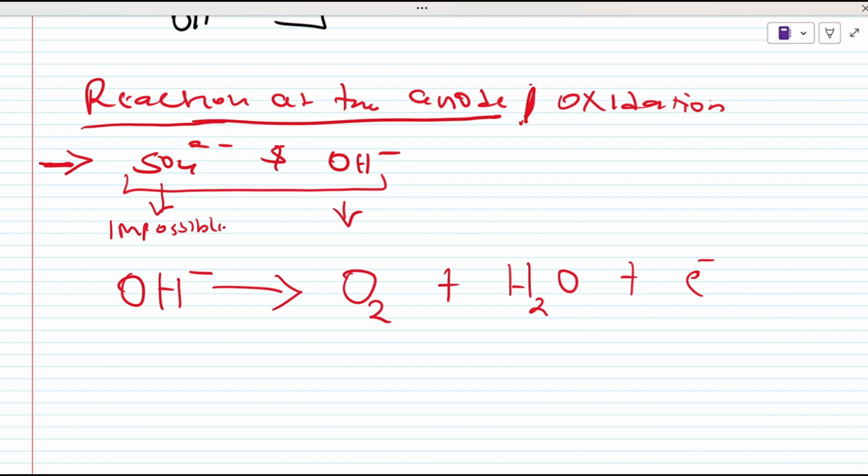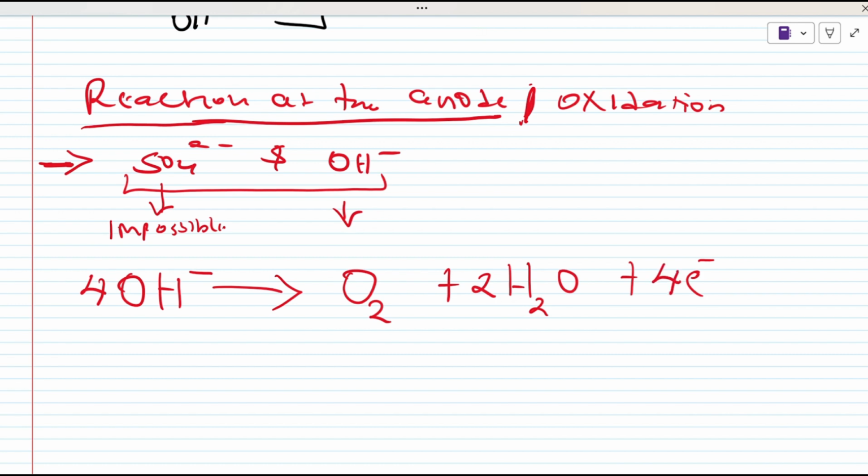I need to balance this. So when I want to balance this, I'll simply put a 4 here. I'm going to put nothing for oxygen. I'm going to put a 2 here. So how is that going to balance? For each hydroxide, there's 1 electron.